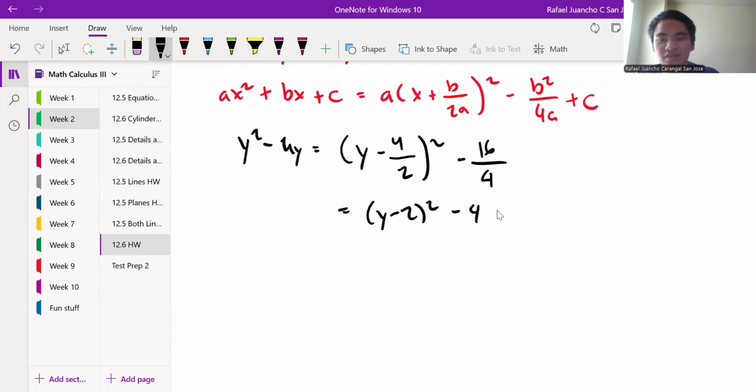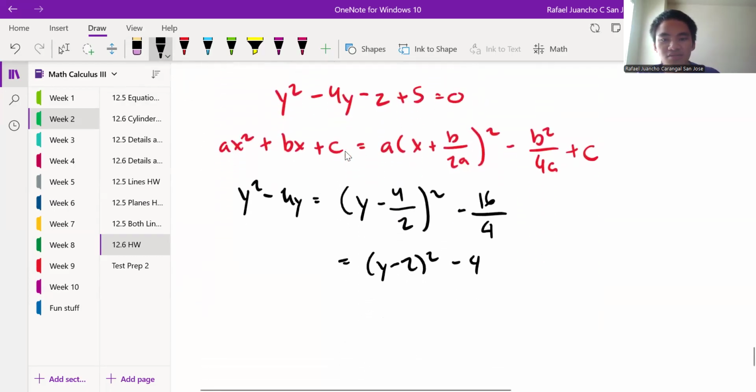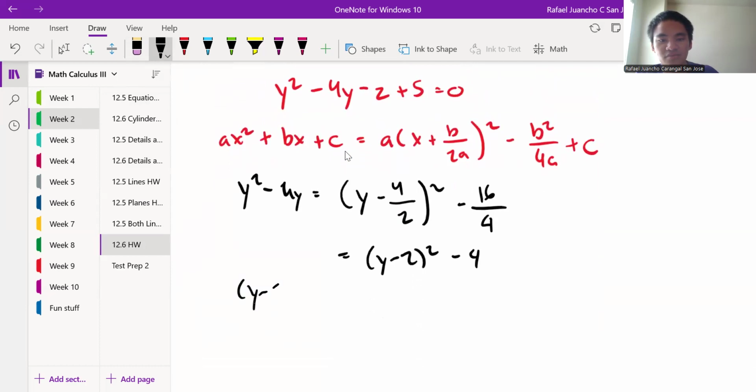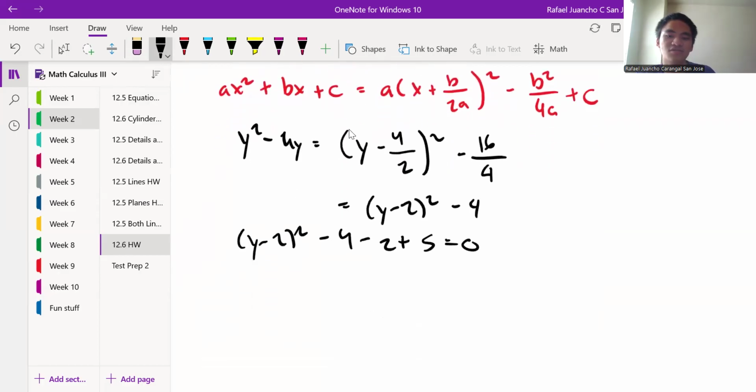After rewriting that, we want to plug it back in here. So we get y minus 2 squared minus 4 minus z plus 5 equals 0. And then we can say 1 minus z plus 1 is 0. Now here's the thing. I cannot identify what exactly this is.